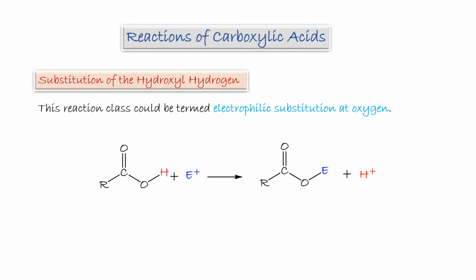We will talk about the substitution of the hydroxyl hydrogen, like the net reaction of the carboxyl with an electrophile. The net result will be substitution of this H with an E. And let's see how the reaction goes.